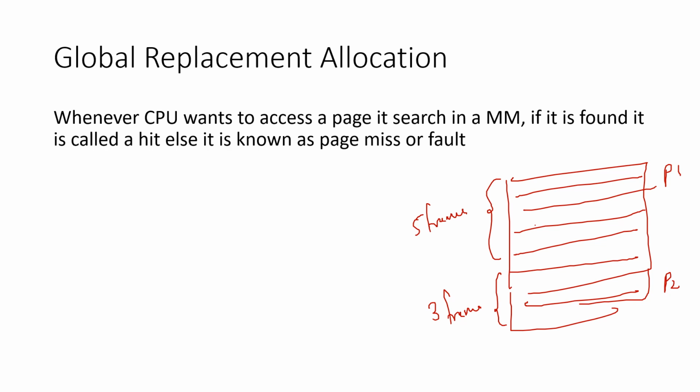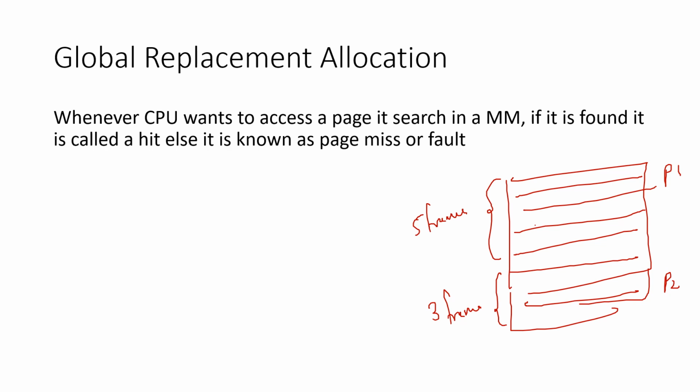So what I said, process P1 can take a frame from P2 and vice versa. So that flexibility is given here. So whenever a page fault occurs, an interrupt will occur, that trap will be generated, and then by using the global replacement policy, the page is replaced in main memory. So if P1 has the highest priority, then it will get frames from the lower priority process P2 or P1 itself, and hence the page hit ratio of P1 will increase.